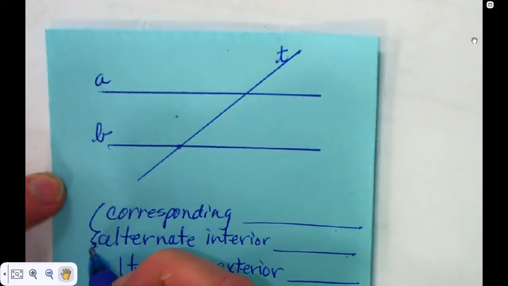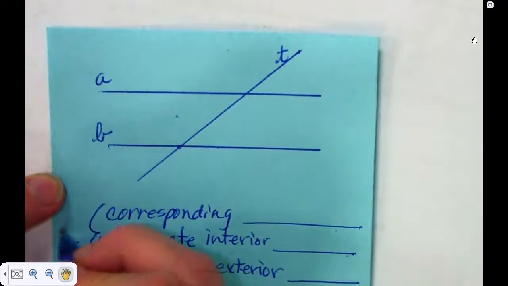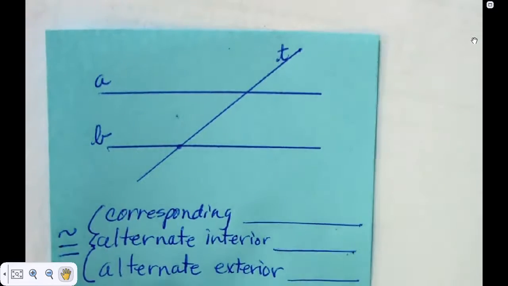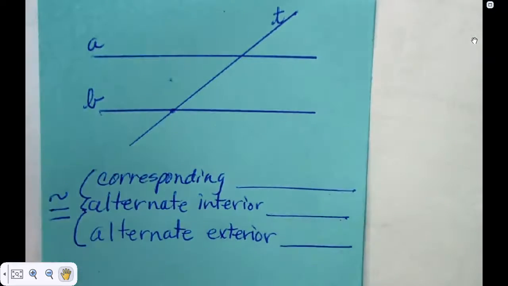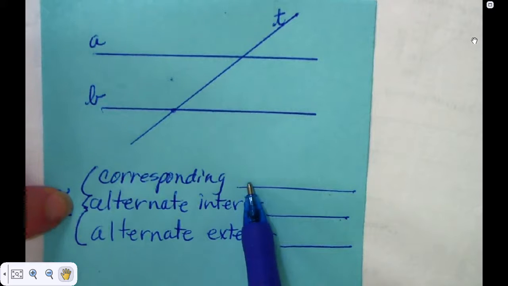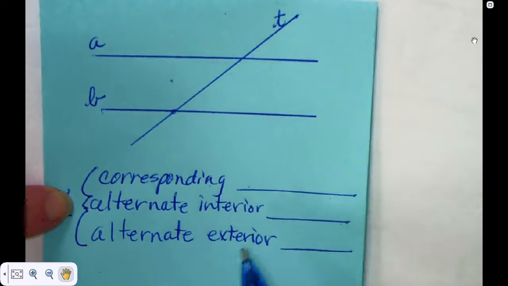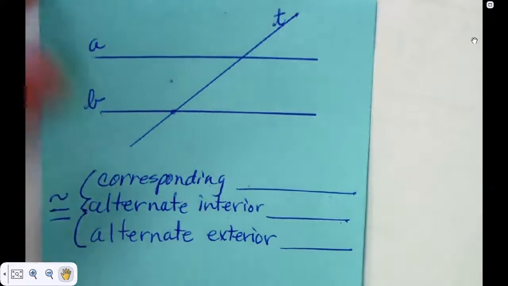Put a set and put the congruent symbol. So that tells us these angles that you choose are going to be congruent to each other. Corresponding, alternate interior, alternate exterior.